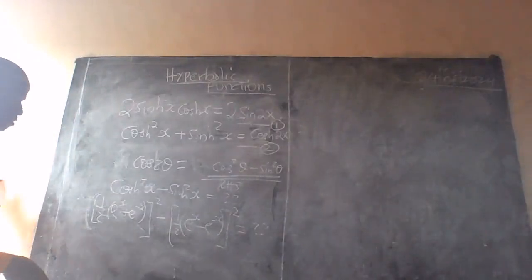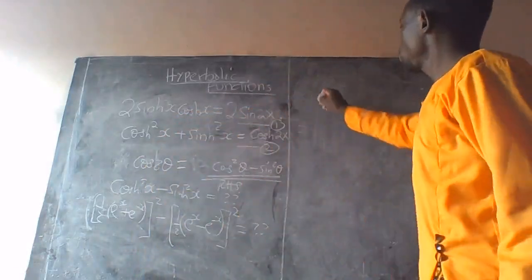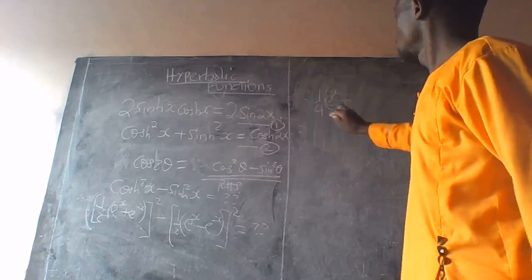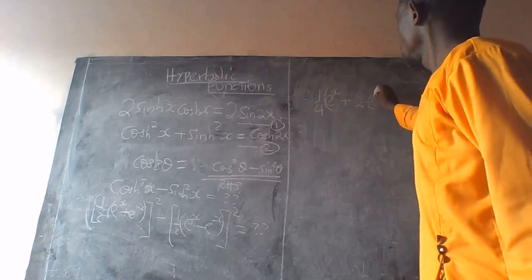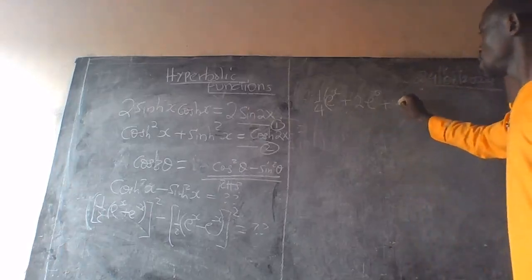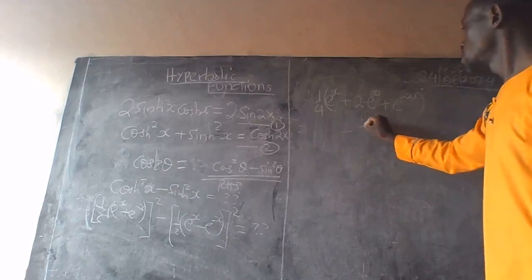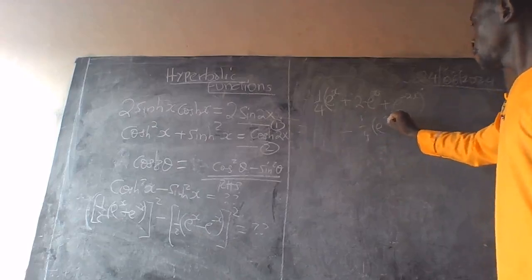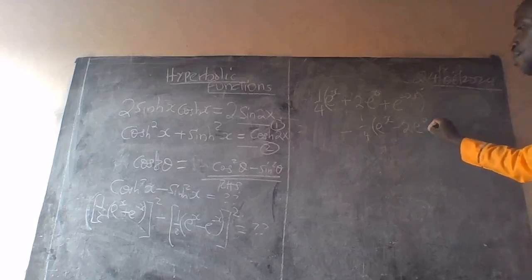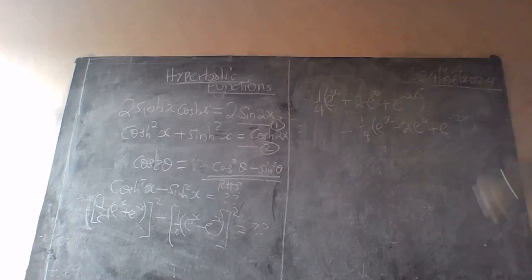So opening the brackets, class, we will have a quarter of e^2x plus twice e^0 plus e^negative 2x, minus a quarter of e^2x minus 2 e^0 plus e^negative 2x, like that. That's what you're going to have.